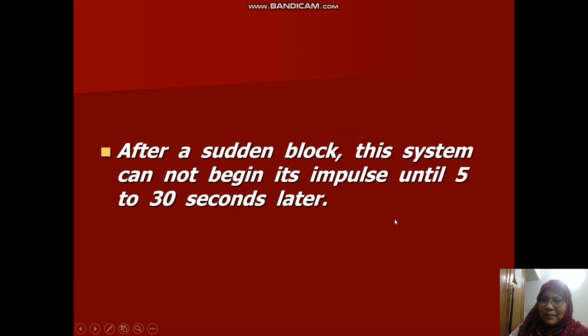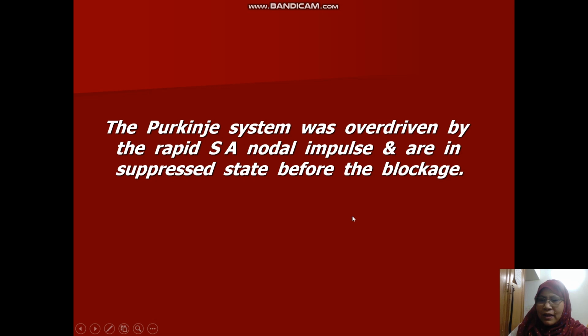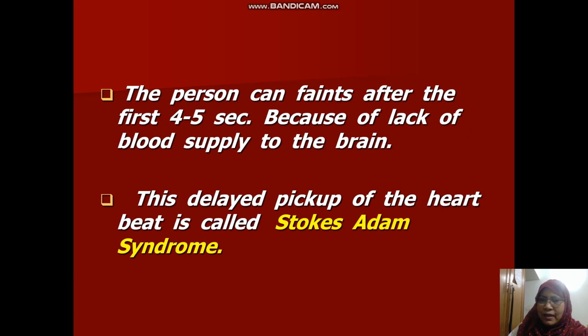But it requires some time, about 5 to 30 seconds, because it is not used to it, and it is suppressed and overdriven by the SA nodal impulse. So it takes time, but in the meantime, within 4 to 5 seconds, the person can faint because of less blood supply to the brain, and this delayed pickup of heartbeat is known as Stokes-Adams syndrome.